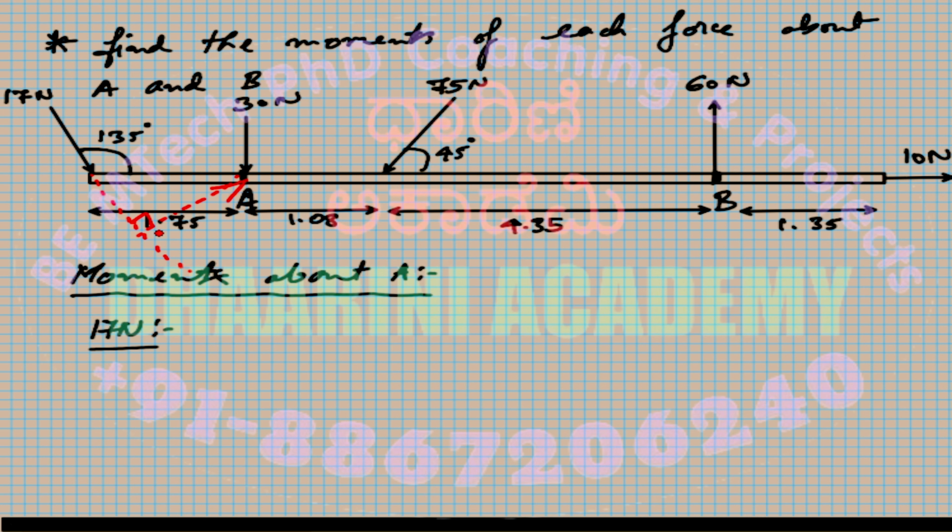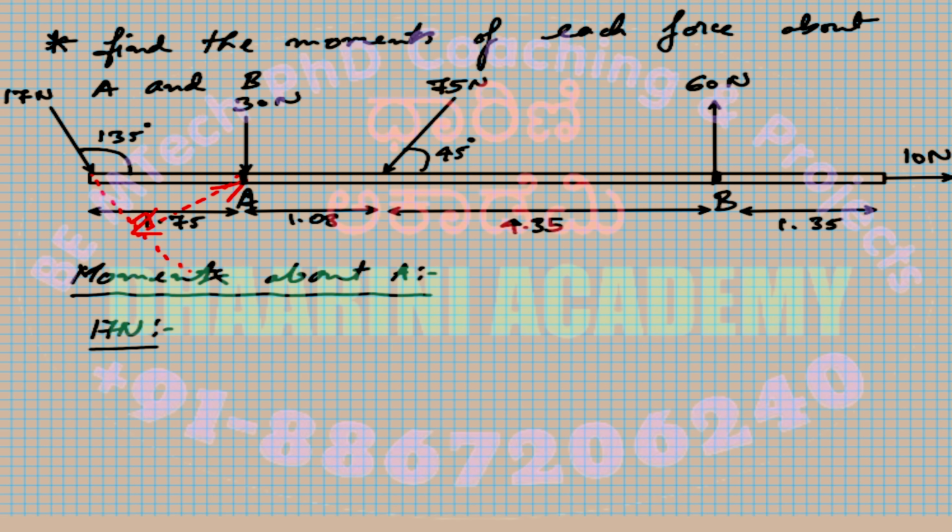This distance is not known, so I cannot directly solve this question. This part, the 17 moment, cannot be calculated directly because the perpendicular distance is not known, because it is not making 90 degrees with the A. It is actually making an angle of 135 when it acts on the plane.